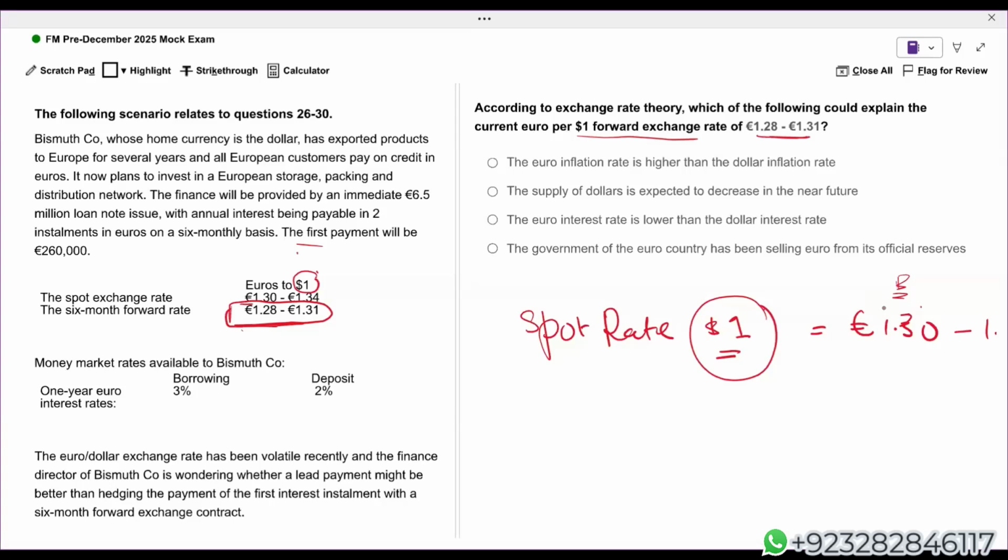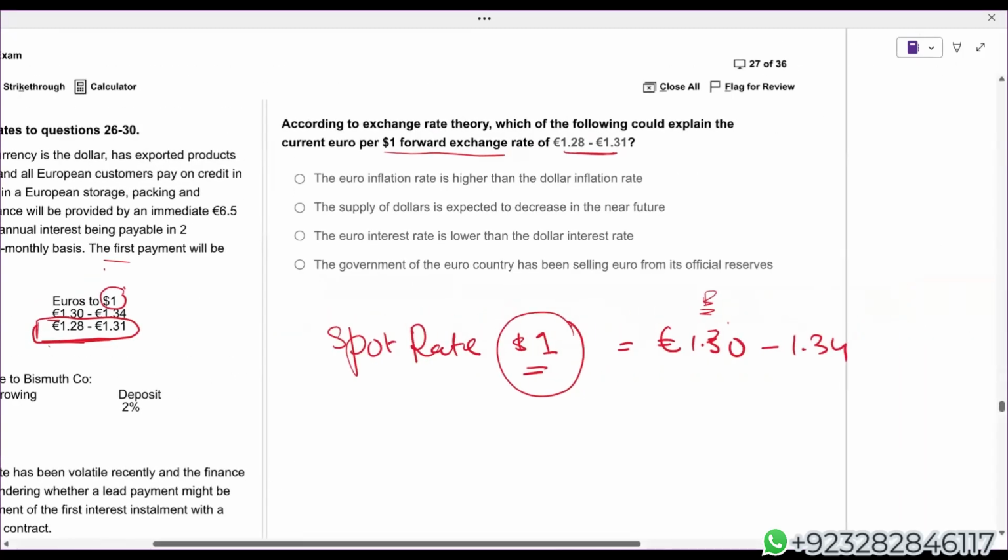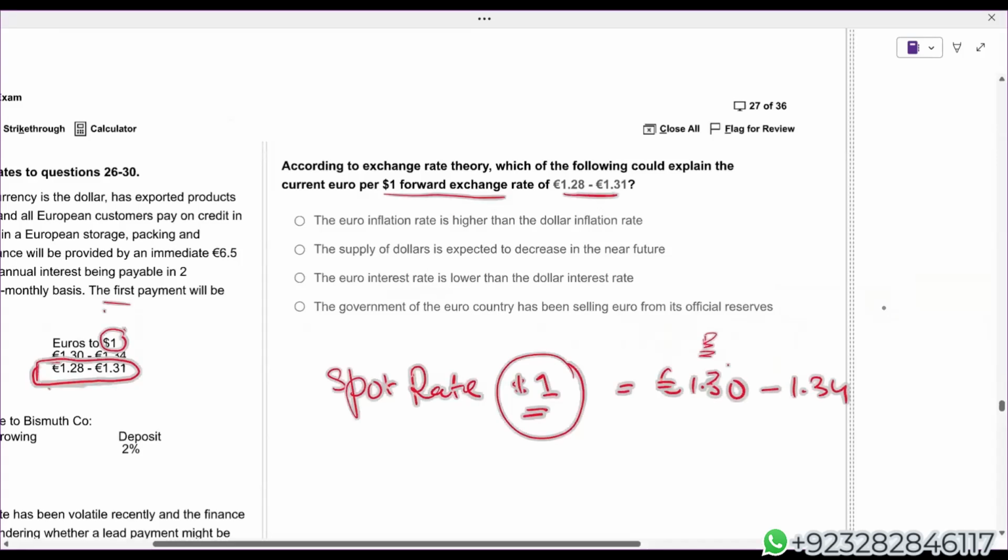Just make it simple. At spot, your company was able to buy 1.3 euros in $1. But in 6 months time, you will be able to buy 1.28 euros. So it means euro is getting stronger. Now let's see what they are saying. The euro inflation rate is higher than the dollar. No, false. Why false? Student, in case of purchasing power parity, the country which has a higher inflation rate will have a weaker currency.